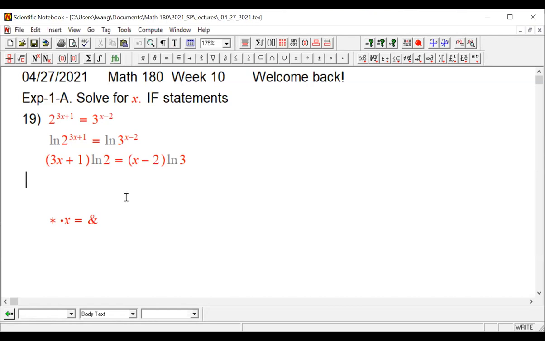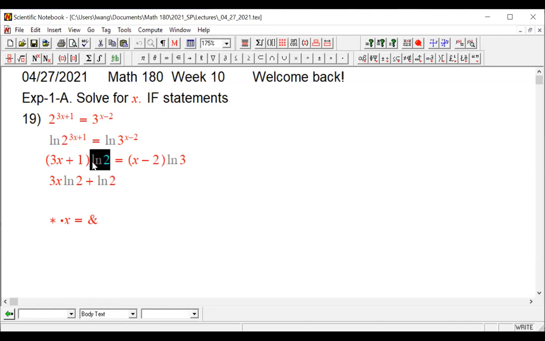Now, to get there, we're going to distribute the ln 2 inside. So we're going to get 3 times x ln 2. We have seen something similar. Plus ln 2.